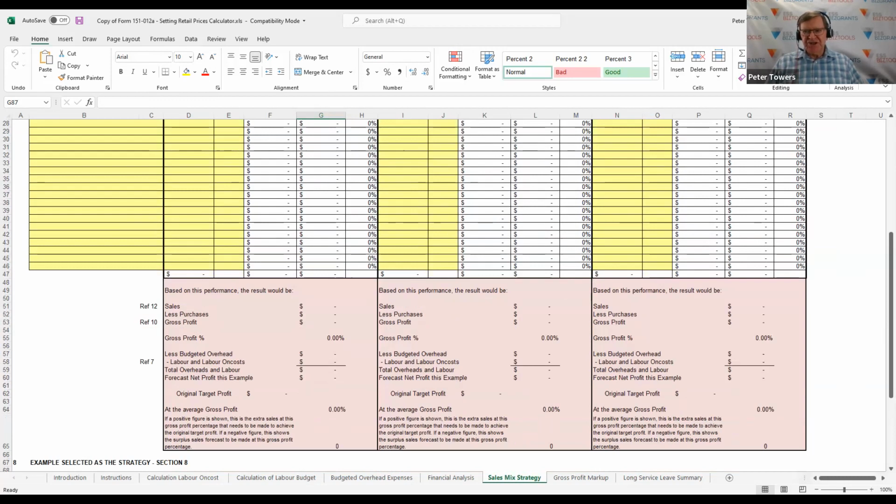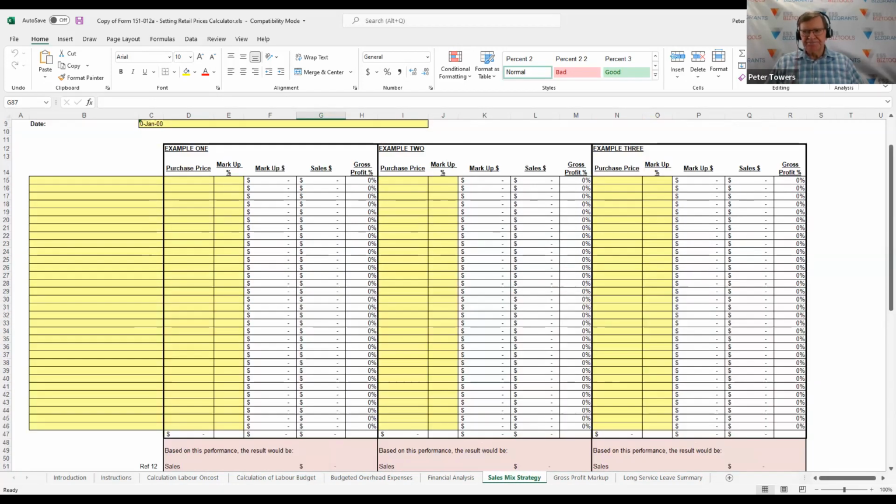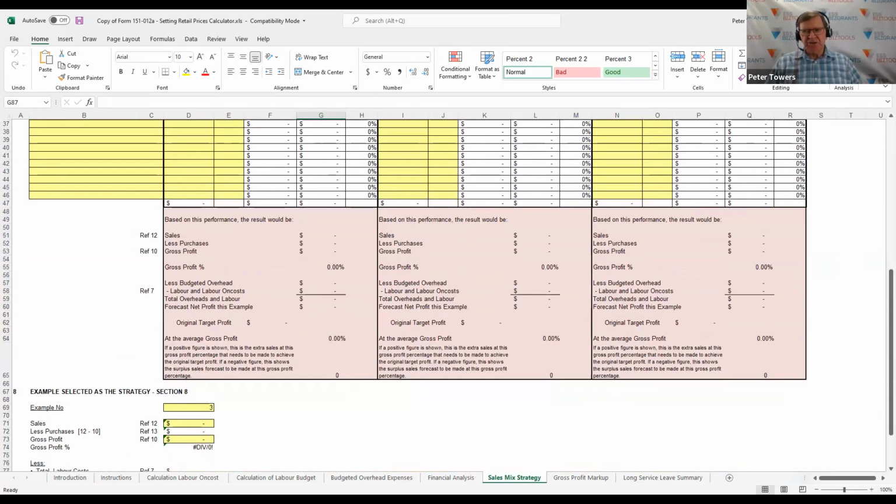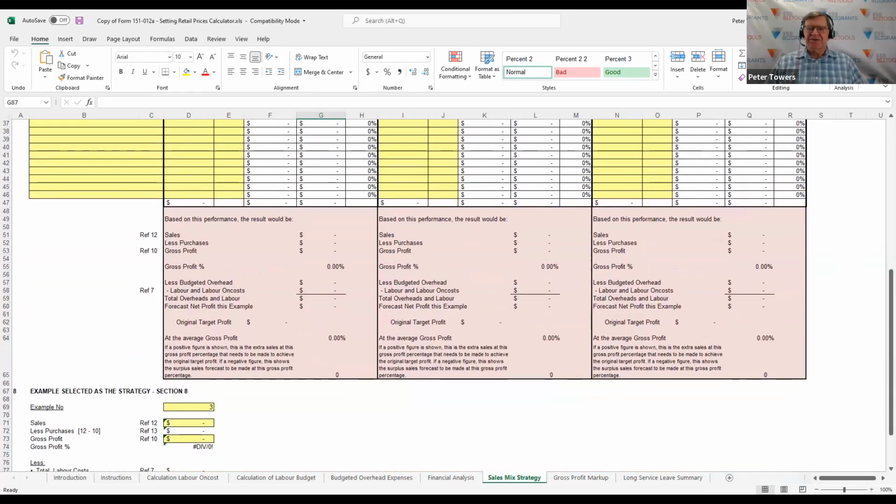We know what the budgeted overhead costs and labor costs are. So the exercise would then tell you, based on what your client's saying to you, what the result's going to be. Are we going to achieve the target, or are we going to have to do some what if type manipulations?